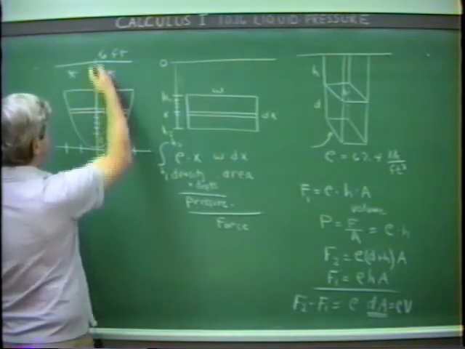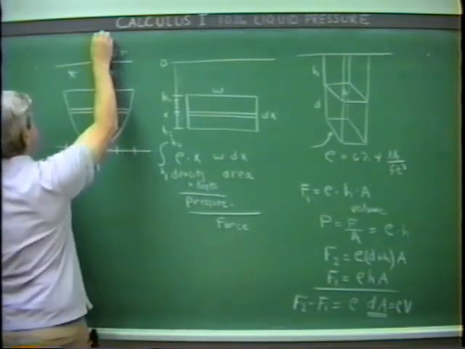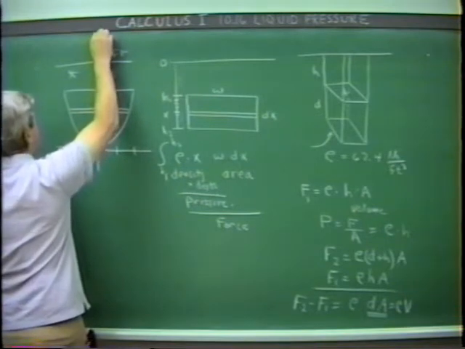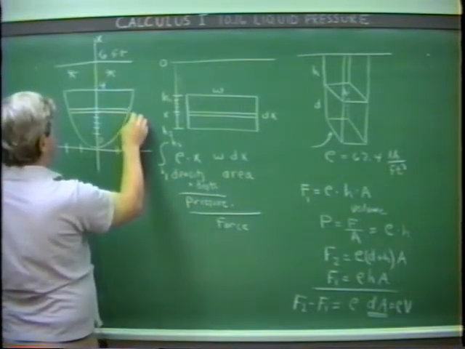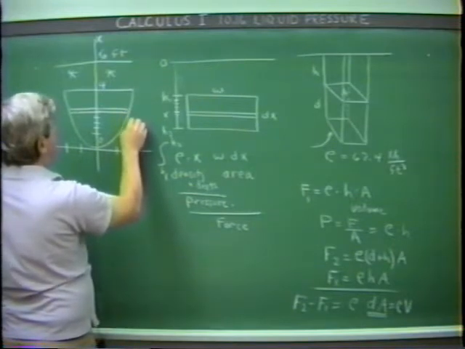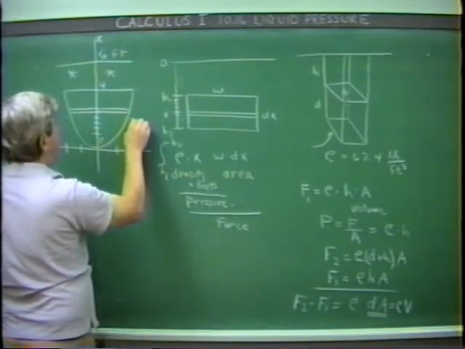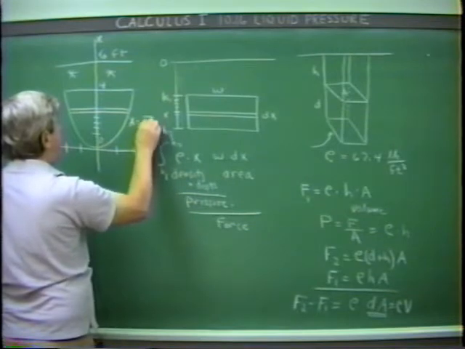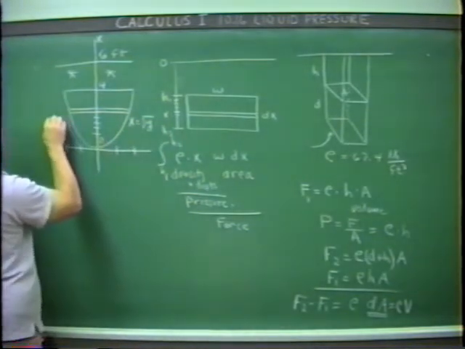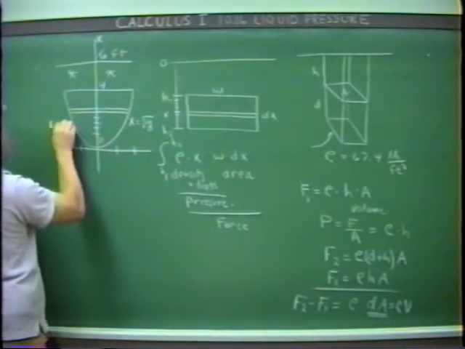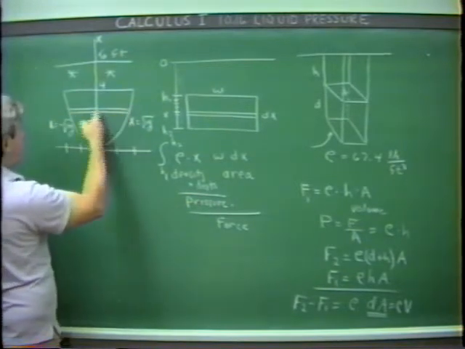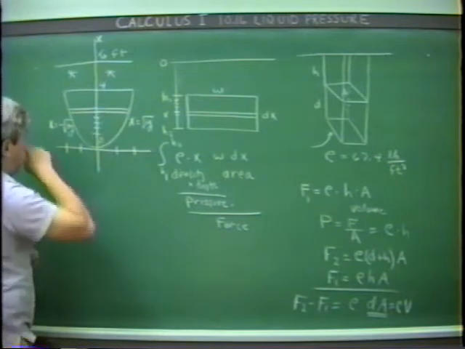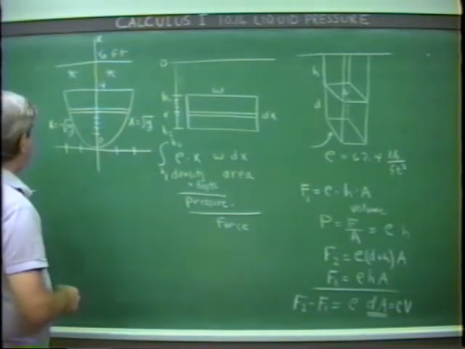In fact, if we consider this as a function of y, or as a function of x perhaps, let's make this the positive x-axis, then this side right here is x equals the square root of y, and this side of the dam is x equals minus the square root of y.